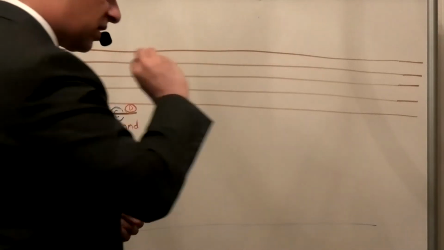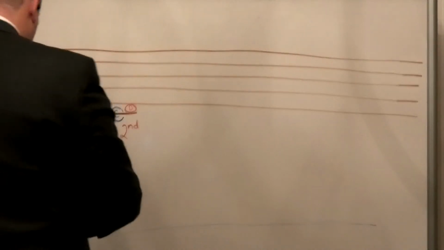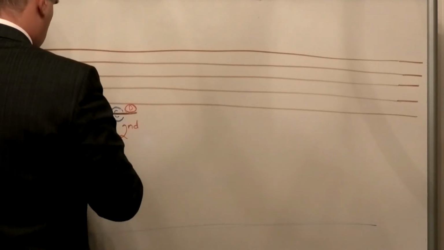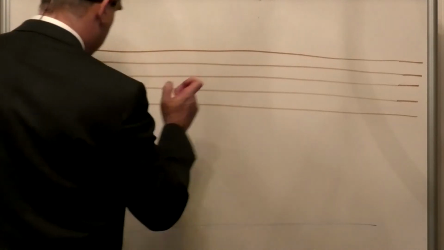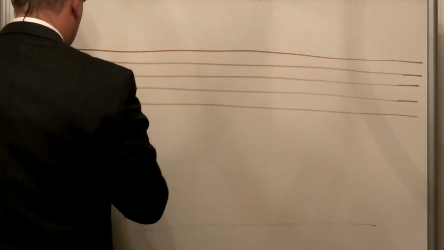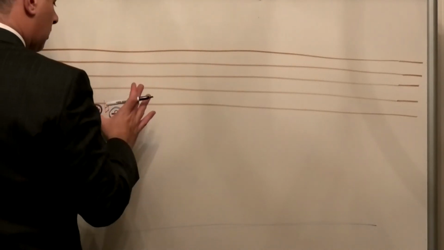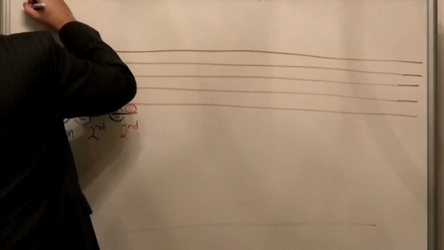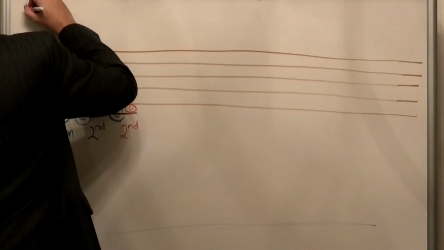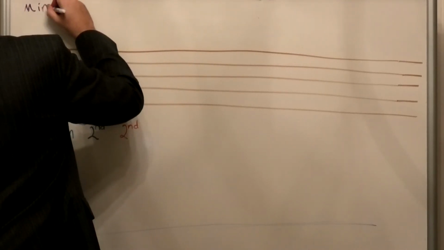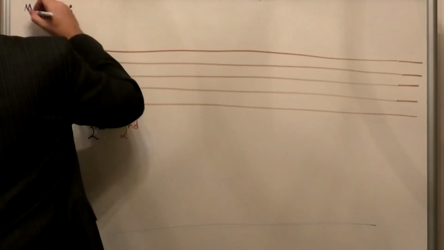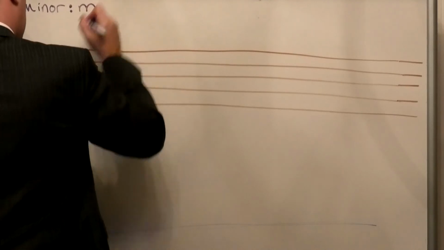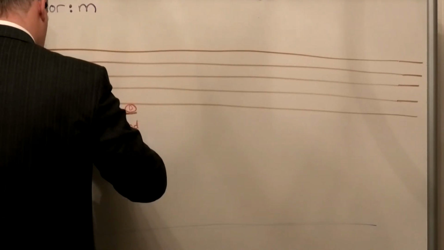We have 2 types of seconds, so we need a way of distinguishing between the 2 types of seconds. So we're going to give it a qualifier. The narrower interval, the closer interval, we'll call it minor, and the wider interval, we'll call it major. We'll use a small m to denote minor.